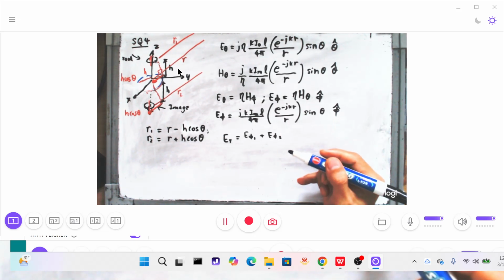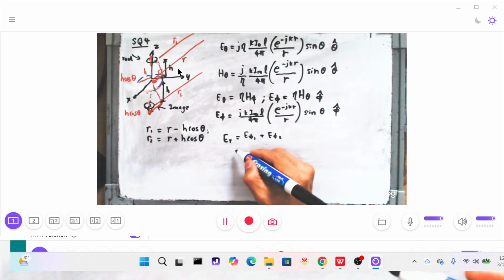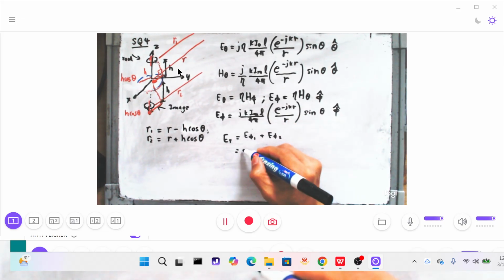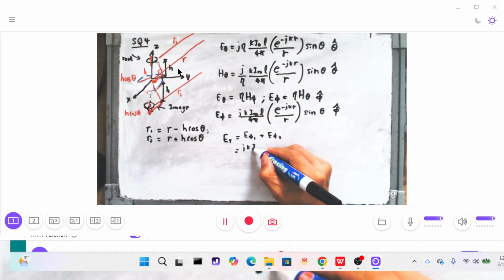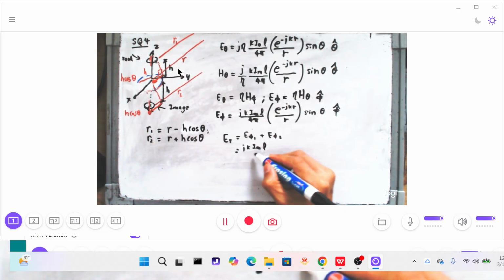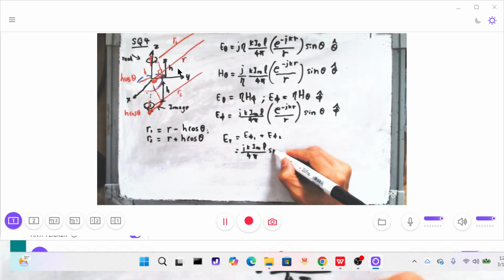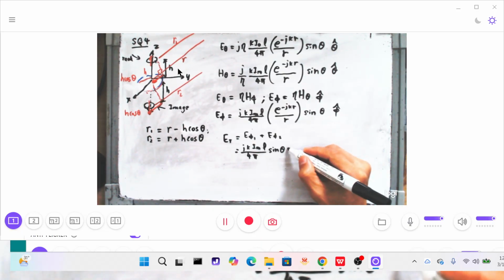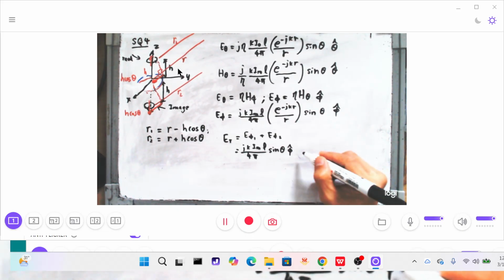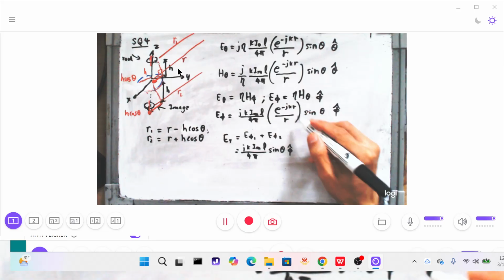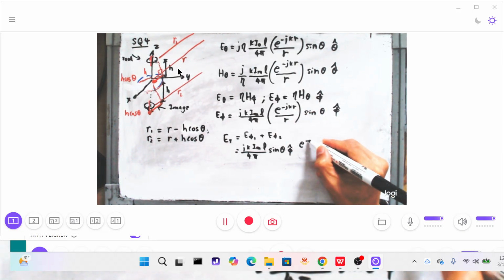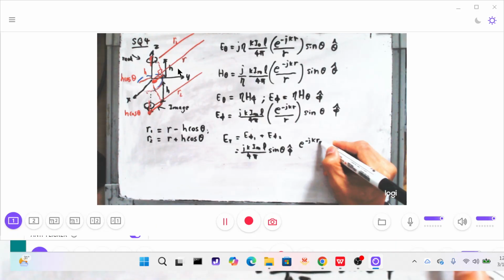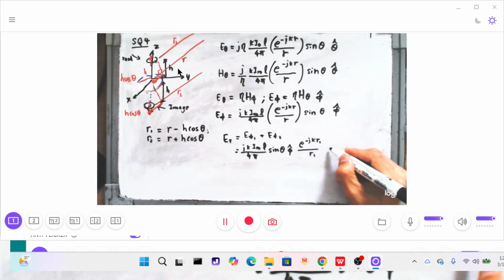We add it up, so we add this up, and j k I M L, and then 4 pi. And then I'm going to write down this term first. And we know the angle, yeah, the direction, yeah. And then this one here will be e to the minus j k R1, over R1.